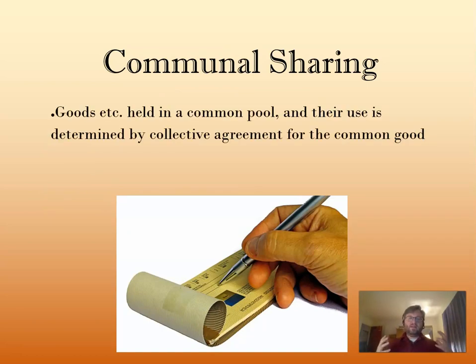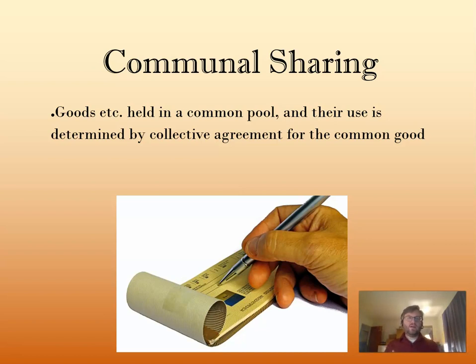In this system, your things that are scarce, your goods and everything else, are held in a common pool. So there's some group of people that have this common pool of stuff, and how those are employed is determined by a collective agreement of everybody for the common good of the group.